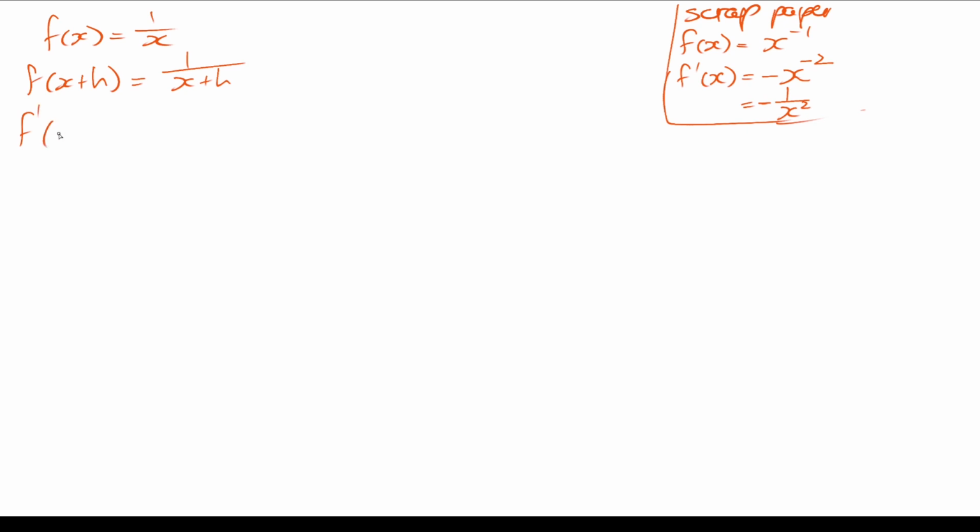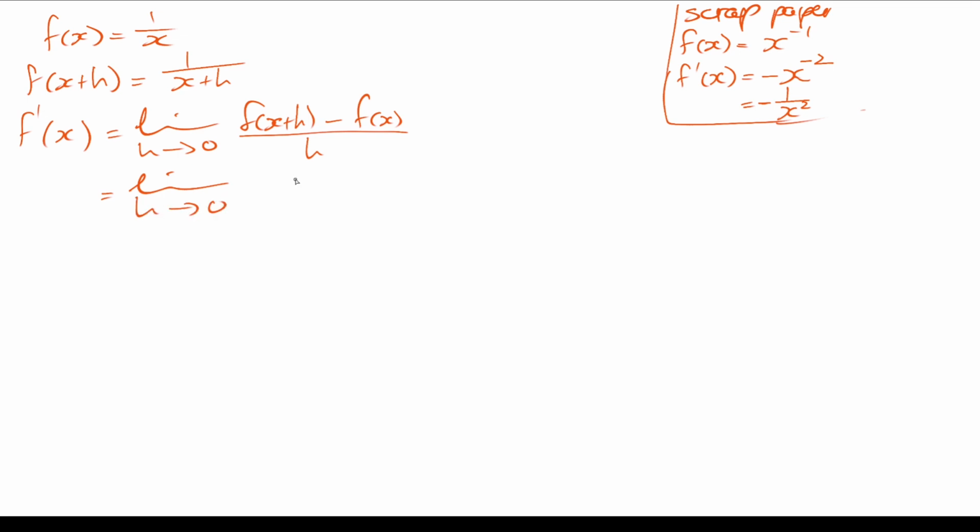So we have the first derivative f' of x equals the limit as h tends to 0 of f of x plus h minus f of x over h. And then we have 1 over x plus h minus 1 over x. We don't need to put the brackets in because it's just one term. And if you want to be safe, put the brackets in.